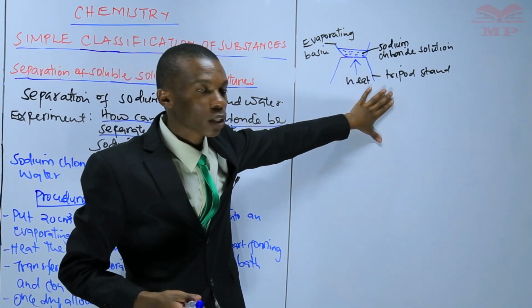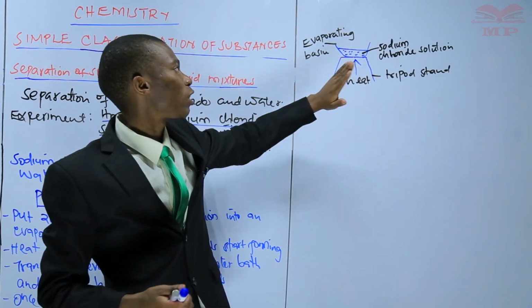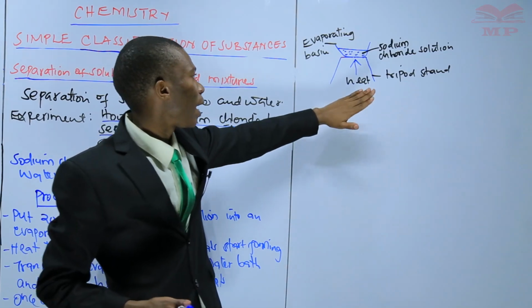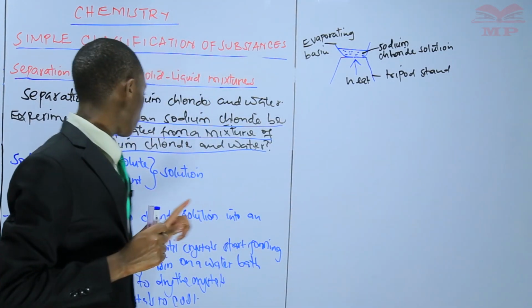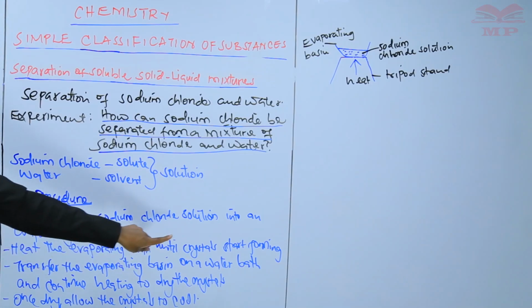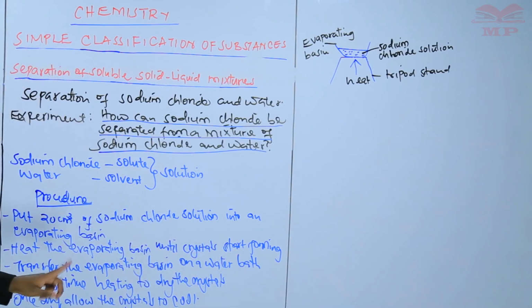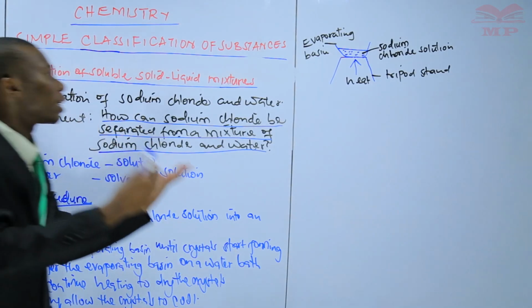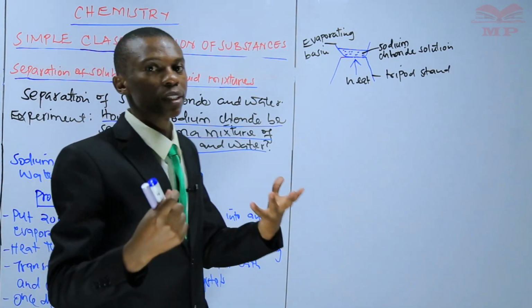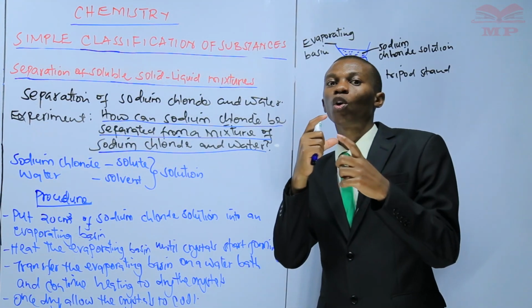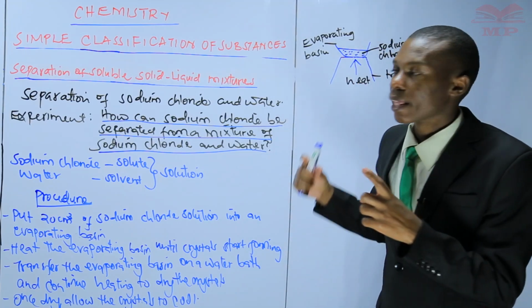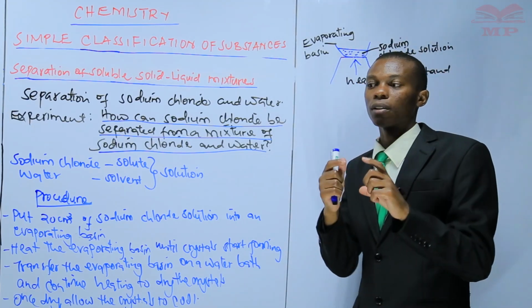Then this evaporating basin is on a tripod stand, and you are heating it. We have said that you heat until crystals start forming. The time you see some solid particles starting to form, those are now crystals.